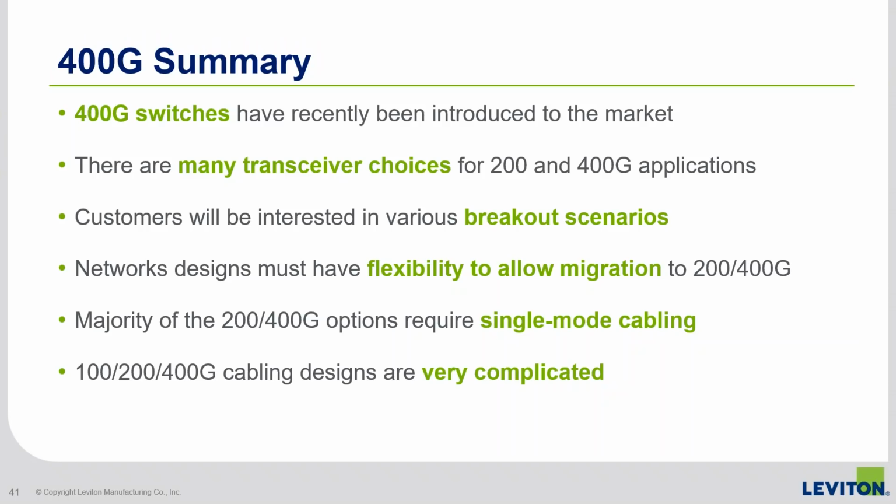But you need to make sure the network designs have flexibility to allow that migration going forward. The majority of the options do require single mode. There are some multi-mode OM4 options as well that we'll see in some scenarios in enterprise data centers or otherwise.